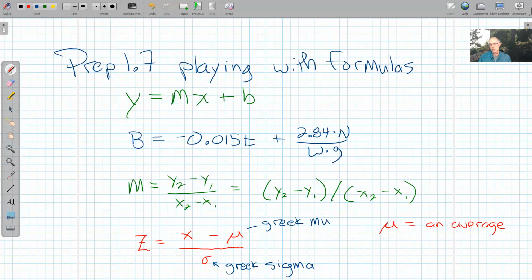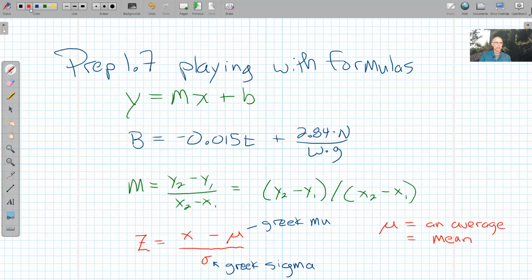Another word for average is mean. You might remember from a previous math course, maybe high school, looking at data and finding the mean, the median, and the mode. So mean is average, and that's what this Greek letter mu looks like. It's kind of a cross between an M and a U, like a scripty M, or a U with a tail.